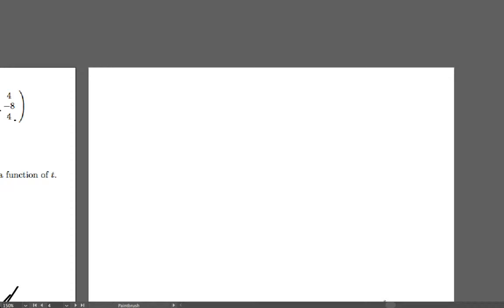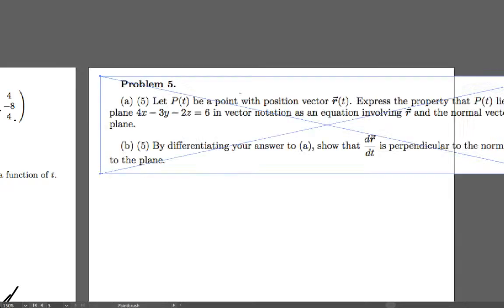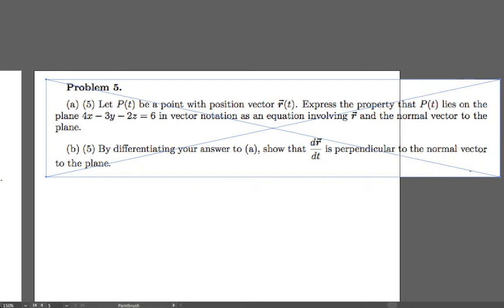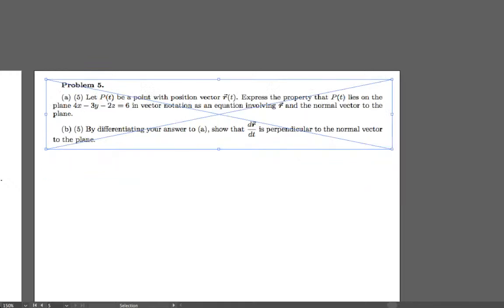Problem 5. As this will be our final problem. Okay, problem 5a.